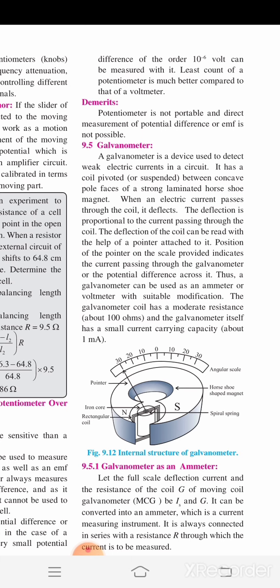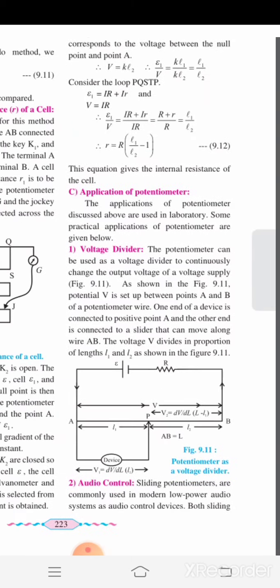When an electric current passes through the coil, which is pivoted between the two concave pole faces of the magnet, then the coil is deflected.